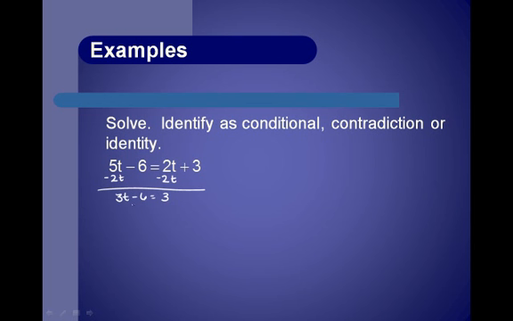So this was a minus 6, so we are going to do plus 6 on both sides of the equal sign, which gives us 3t equals 9. Divide by 3, so we get t is equal to 3. Again, conditional equation because we were able to find a solution.